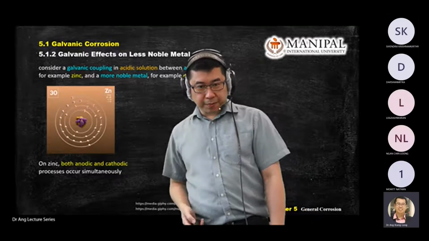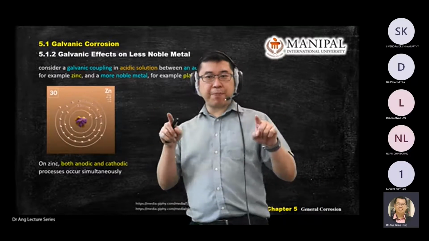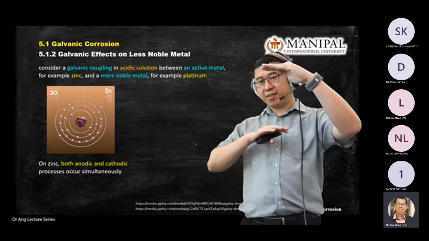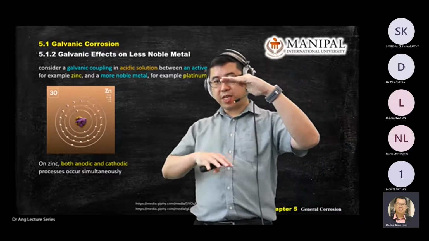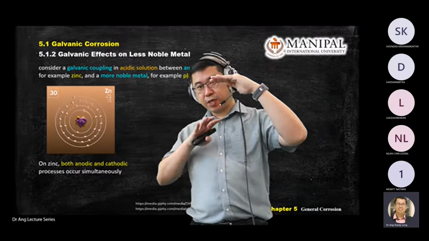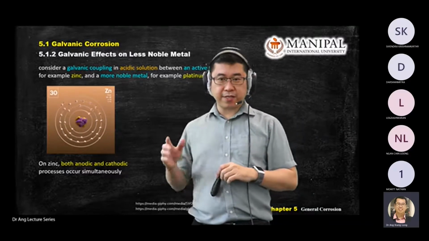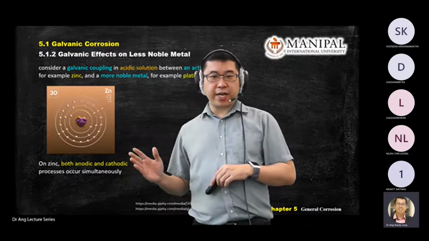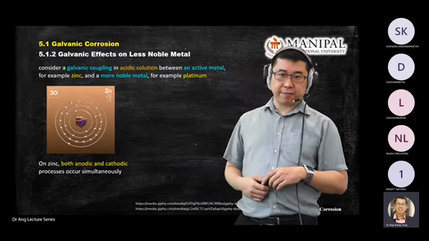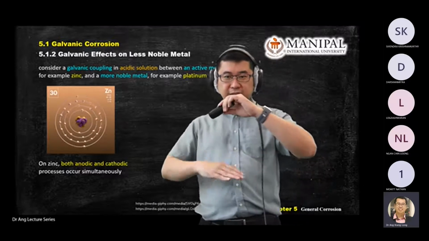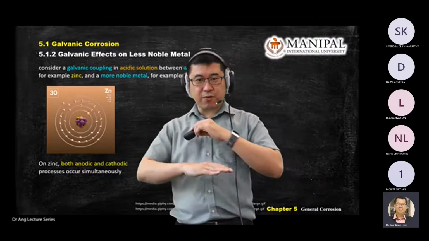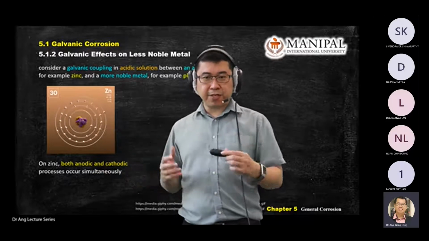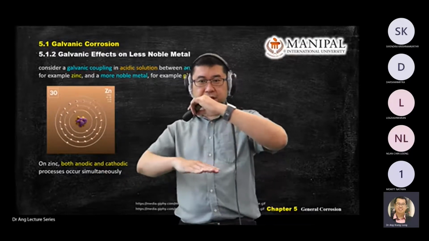So when you couple zinc and platinum, you know that platinum is at a high level, zinc at a lower level. So zinc will sacrifice itself. In the first example, zinc will become anodic and cathodic simultaneously. Zinc at the low level, at low nobility, will become anodic, and the cathodic process will happen simultaneously at this level.